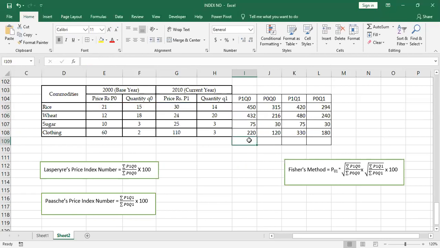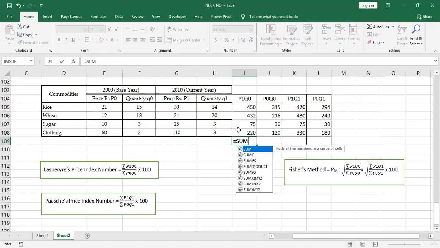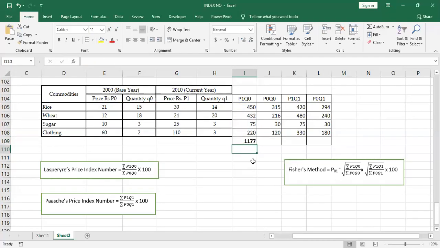It equals the sum. We'll just be adding all these. Simple it is. The same will be dragged here. We'll be getting the answer.